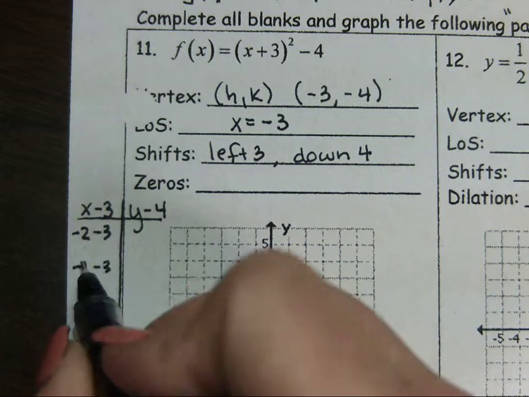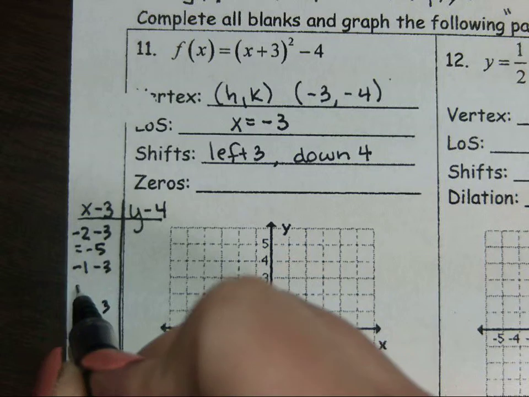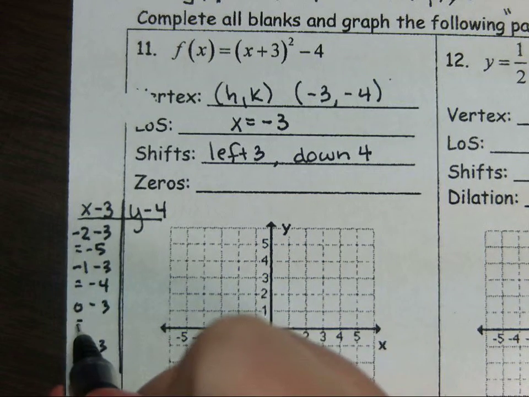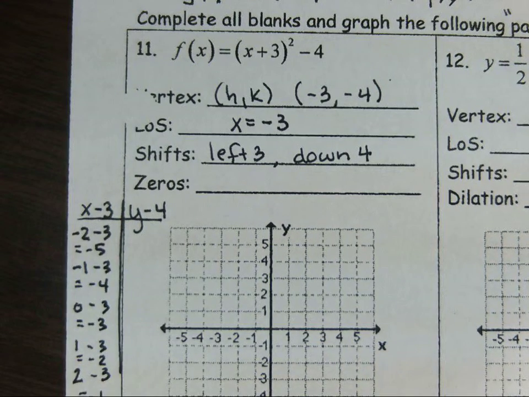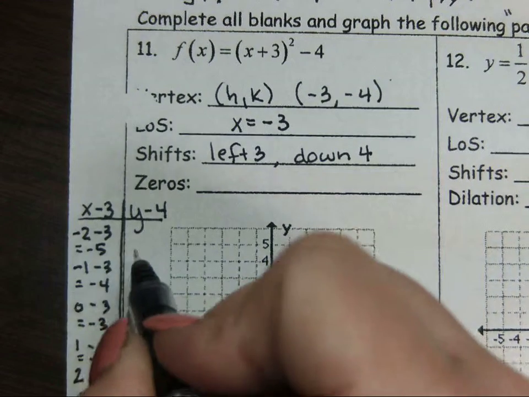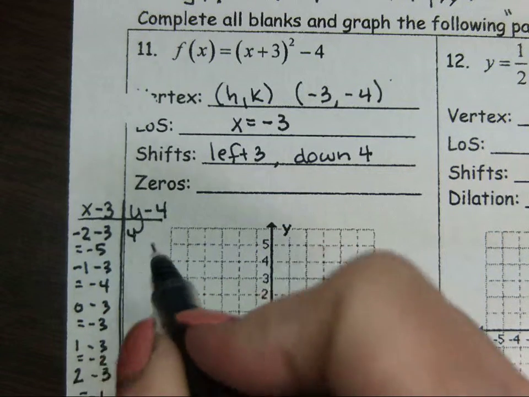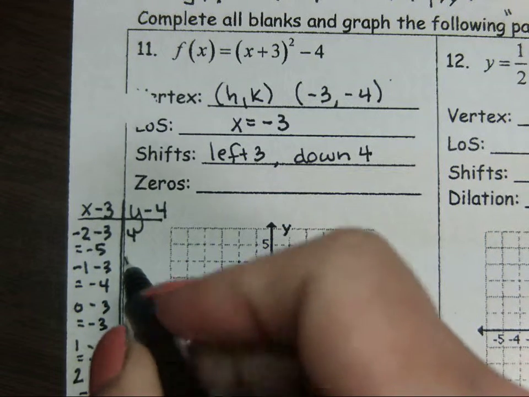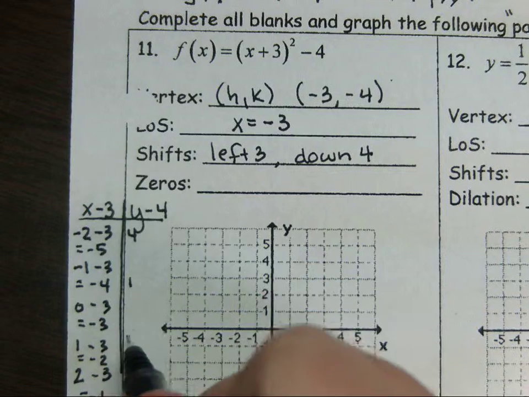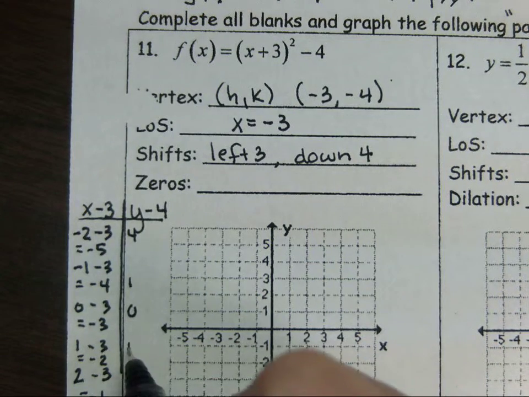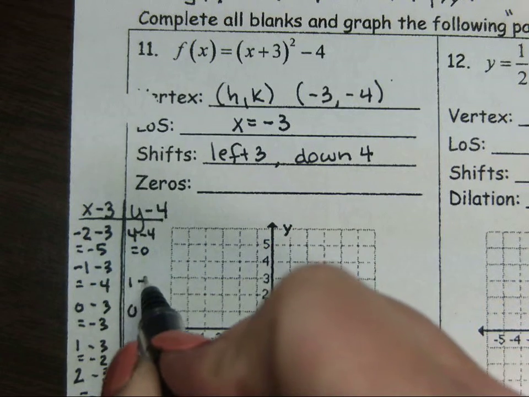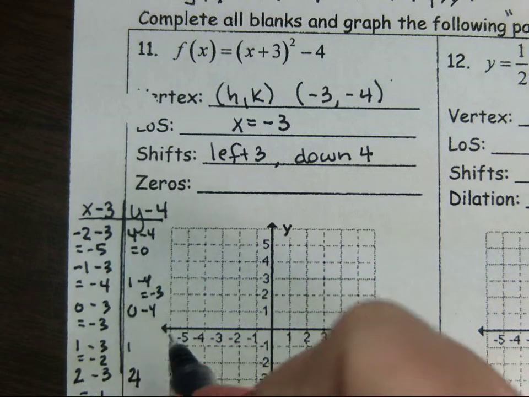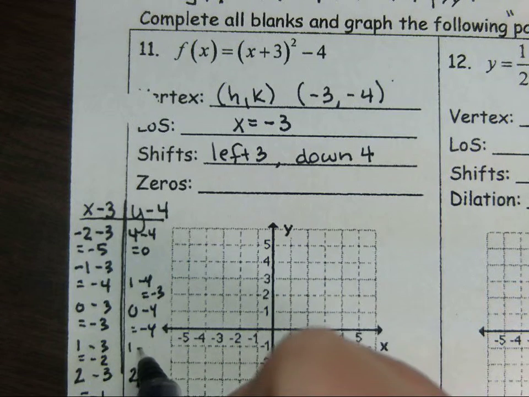And so that's going to make my new x coordinates -5, -4, -3, and so on. Same thing with my y's. My output was regularly 4, 1, 0, 1, and 4. So take 4 away from all of these. And you can start getting your new coordinates.